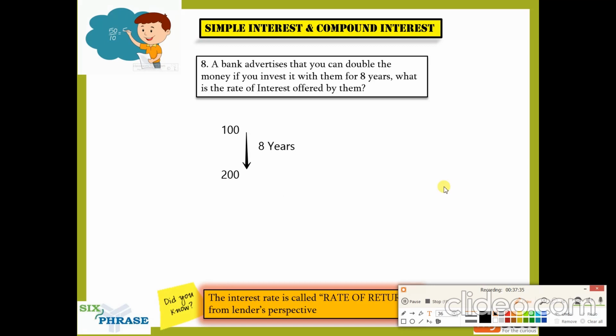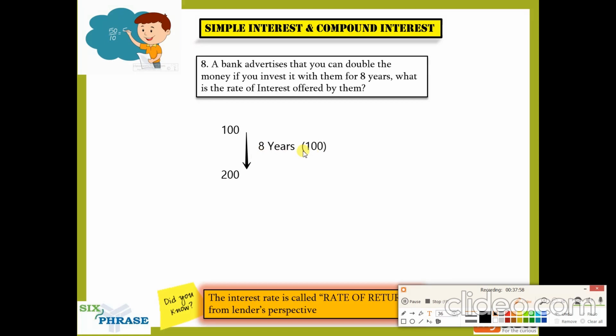Now you have to find the rate of interest, guys. How do you find the rate of interest? For 8 years, what is the interest amount? For 8 years, the interest amount will be 100.